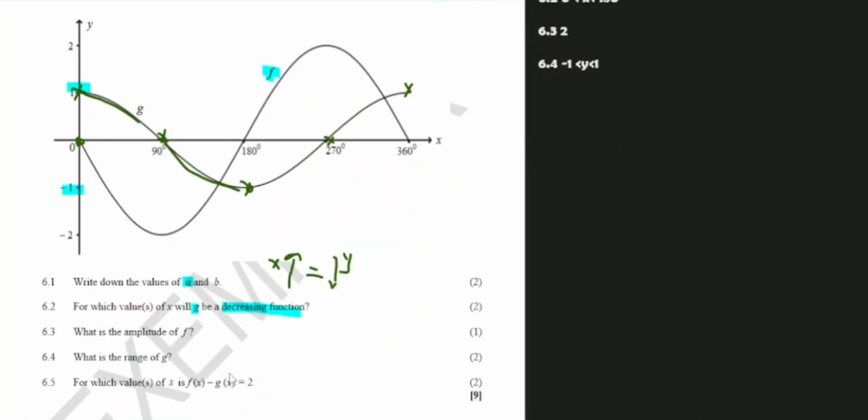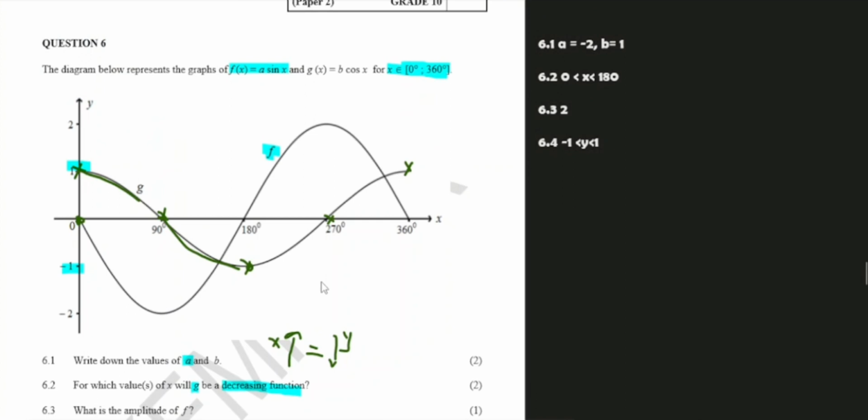And then question 6.5 says, for which values of x is f of x minus g of x equal to 2? If you look at your graph, right, where g of x is 0 and where f of x is 2.